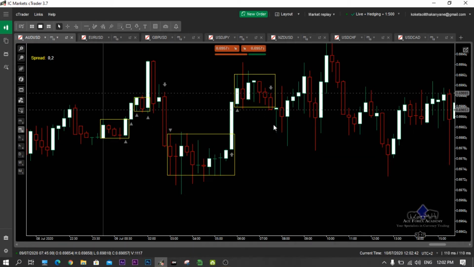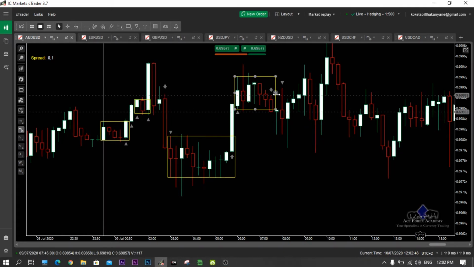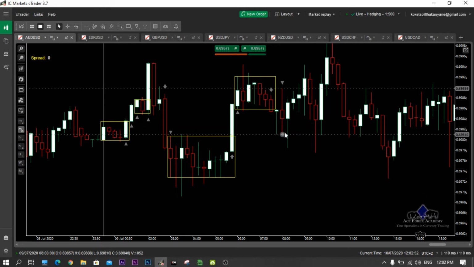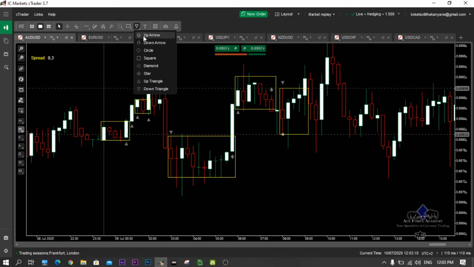Had a brief period of consolidation there, bears pushed the trend lower, had our period of consolidation before the bulls got in control and pushed the trend to the upside.